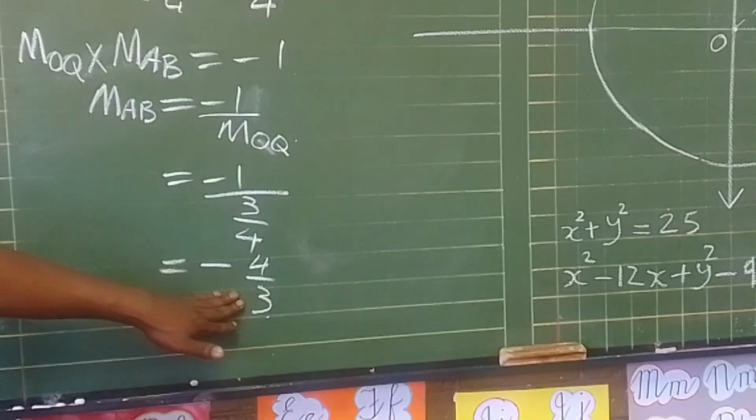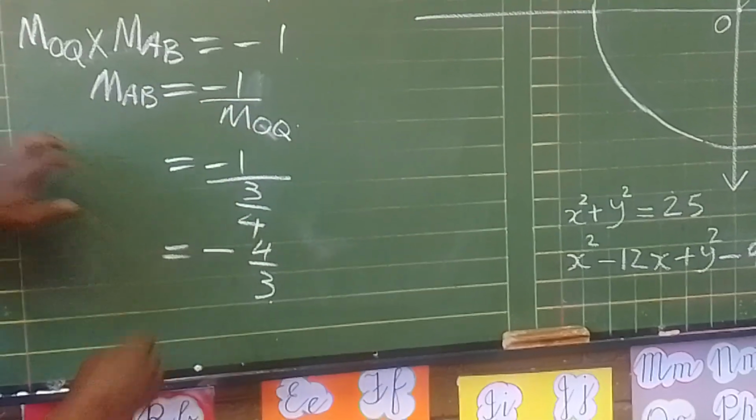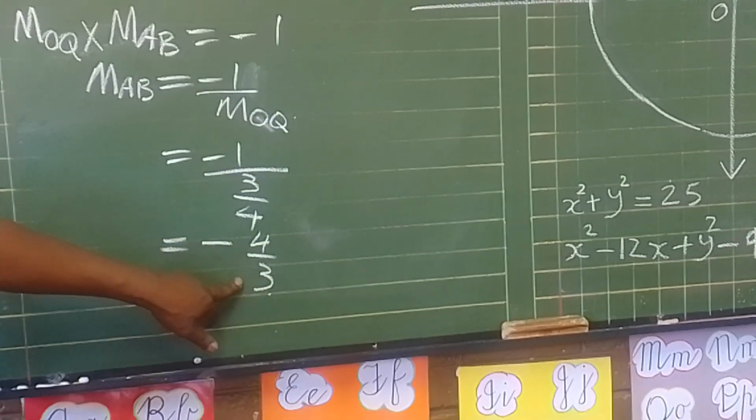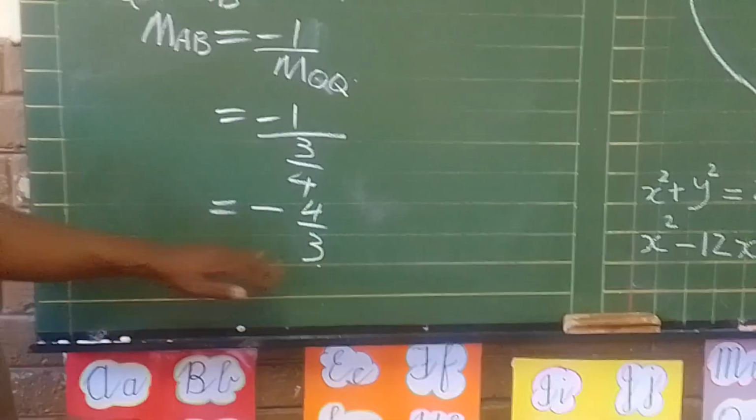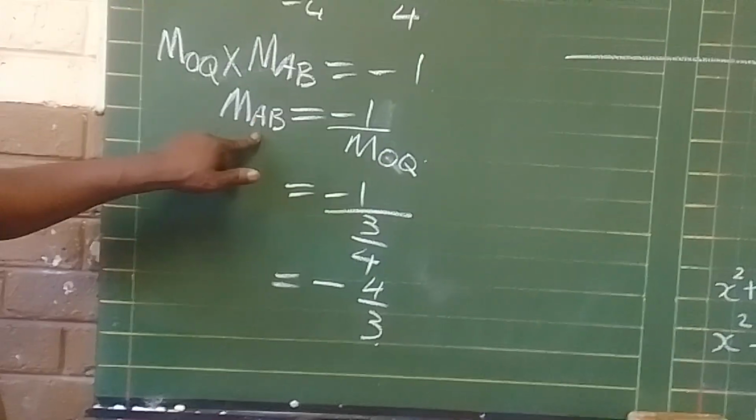This is the manipulation of this. Now we have the gradient of AB.